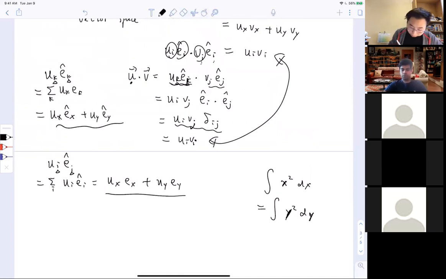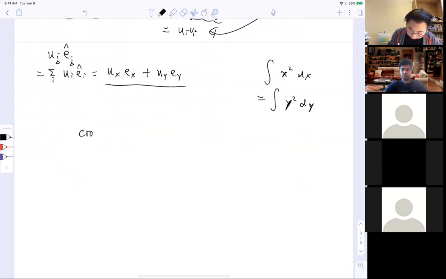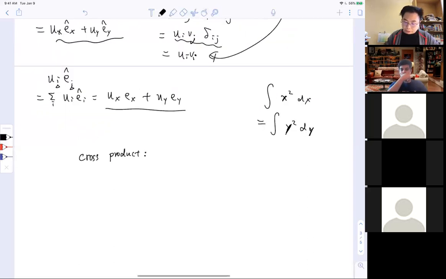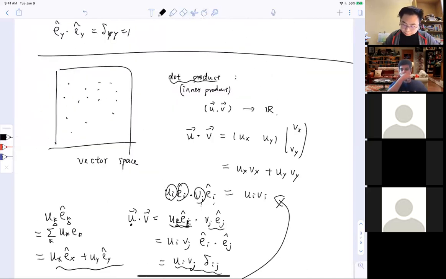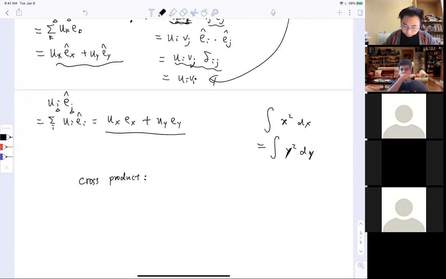Now the cross product. The cross product is more unique, more exotic compared with the dot product actually. There is no cross product for dimensions higher than 3. So if your dimension is higher than 3, there's no such thing.